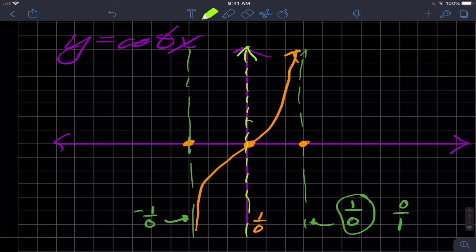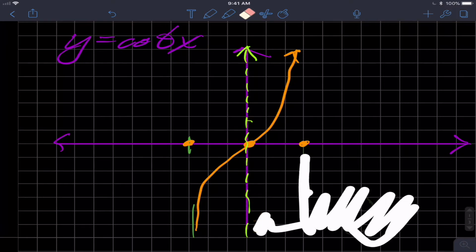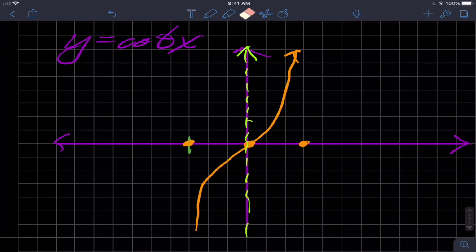And so what ends up happening for cotangent, y equals cotangent x, is that wherever there was a value of 0 for tangent, we get an asymptote for cotangent. And whenever there was an asymptote for tangent, we get a 0 value for cotangent.